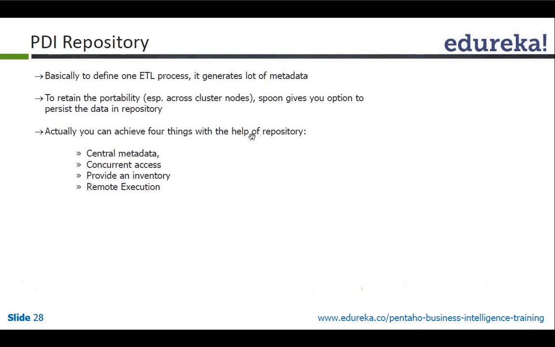The third one is that you can achieve these four things with the help of a repository: central metadata, concurrent access. Now again, with concurrent access, you'll have to be very, very careful. Just like SVN or any versioning tool, for example in SVN there is no explicit locking mechanism.